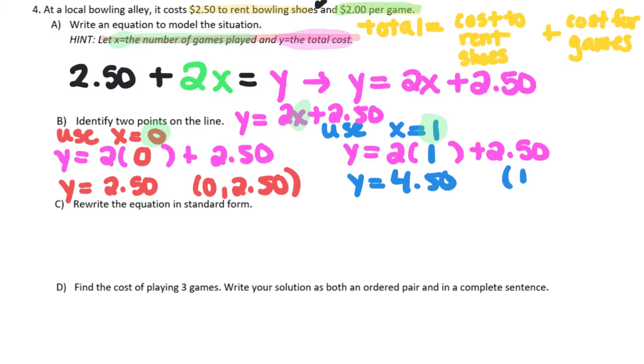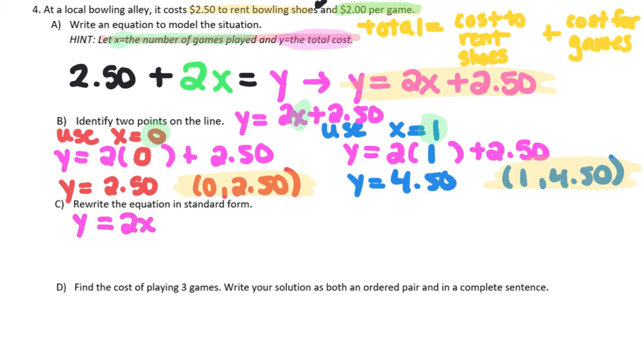So your ordered pair would be 1, 4.50. So far we have our equation given to us as y equals 2x plus 2.50. I have 0, 2.50 and 1, 4.50.